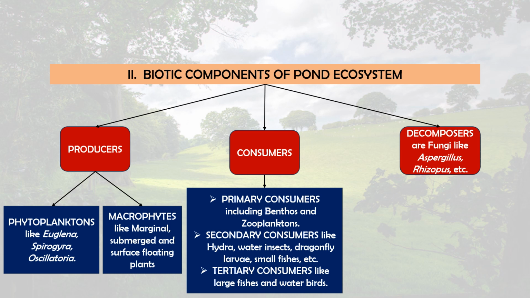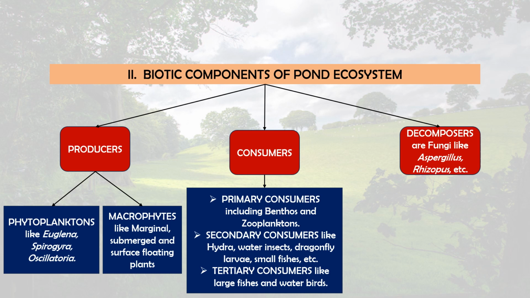Phytoplanktons are minute floating plants, usually algae, found distributed throughout the pond as deep as light penetrates. So they actually provide the green color to the ecosystem when they are abundant in number.